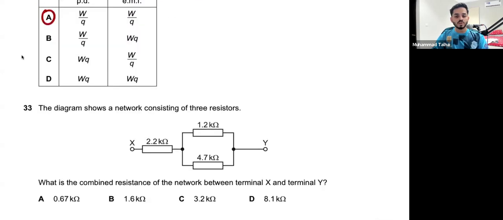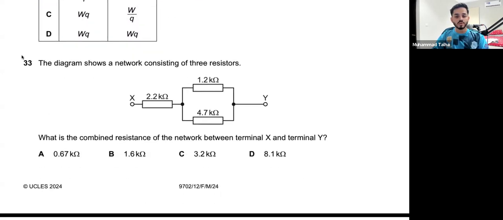The diagram shows a network consisting of 3 resistors. What is the combined resistance between X and Y? So it's 2.2 in series with the parallel combination of these. So you can use product over sum, or I choose to use this 1.2 inverse plus 4.7 inverse, right? This is just that formula 1 over R effective equals 1 over R plus 1 over R, as many resistors as you have.